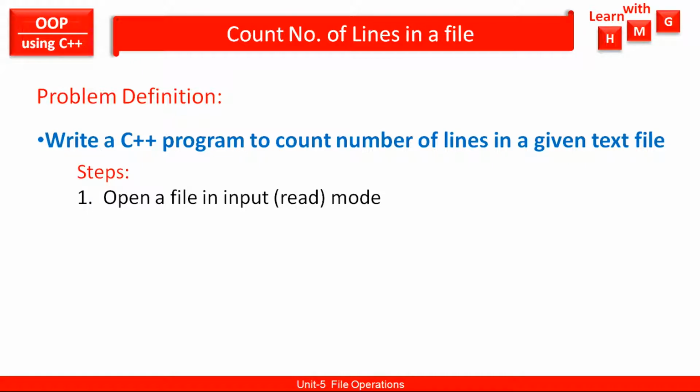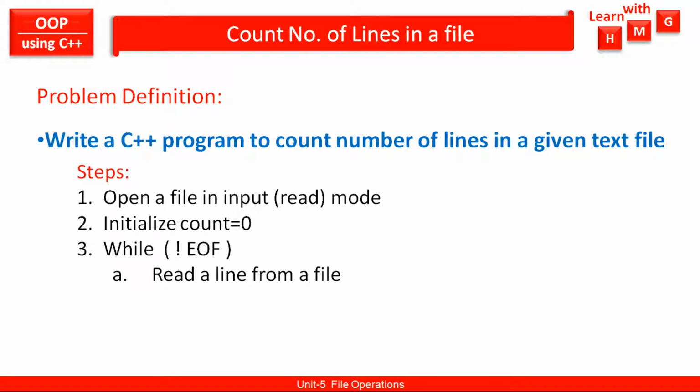First, we have to open a file in input or read mode. Then initialize one variable count to 0. Set the while loop up to end of file. While not end of file, read a line from file and increment the count variable by 1, that is plus plus count.